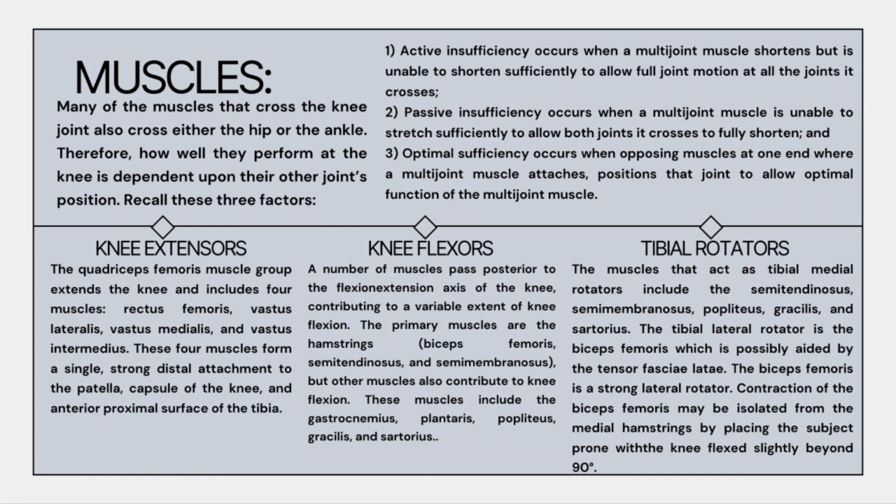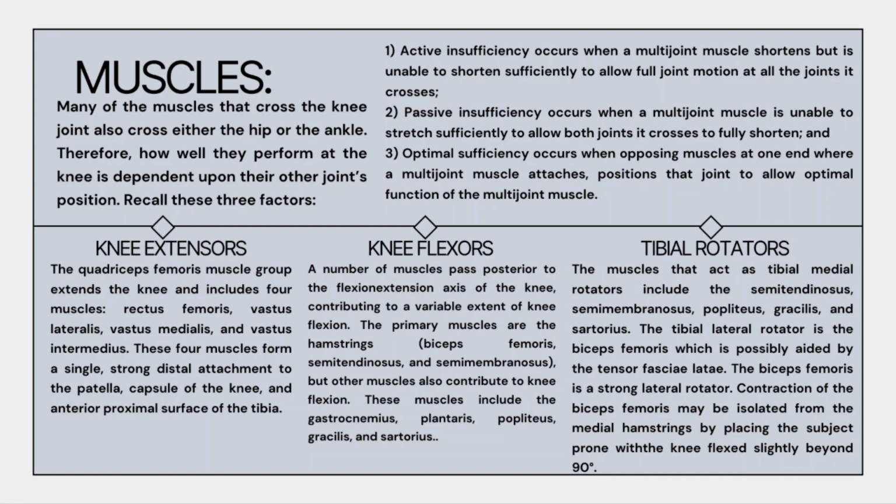Number two, passive insufficiency occurs when a multi-joint muscle is unable to stretch sufficiently to allow both joints it crosses to fully lengthen. And last, optimal sufficiency occurs when opposing muscles at one end where a multi-joint muscle attaches position that joint to allow optimal function of the multi-joint muscle.